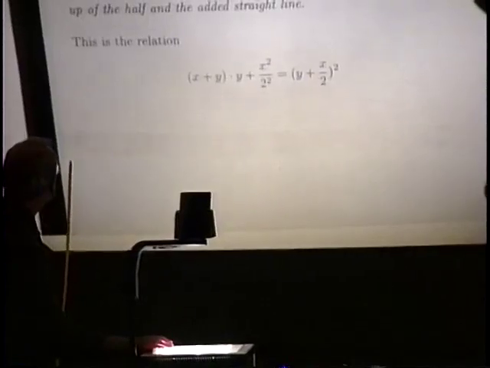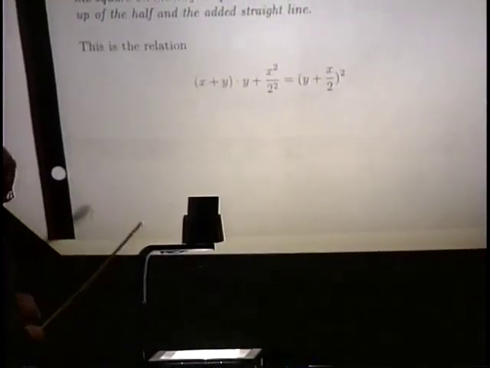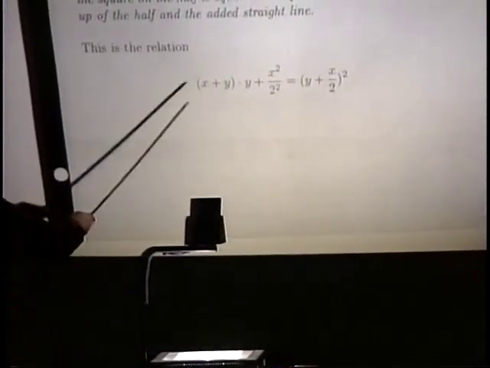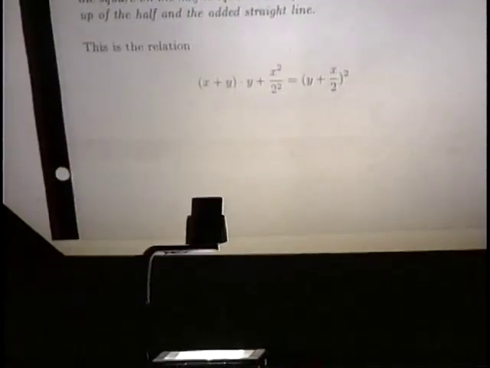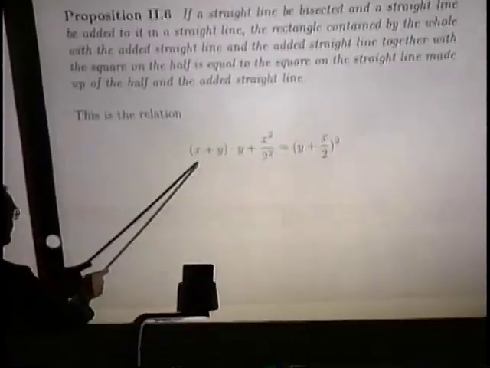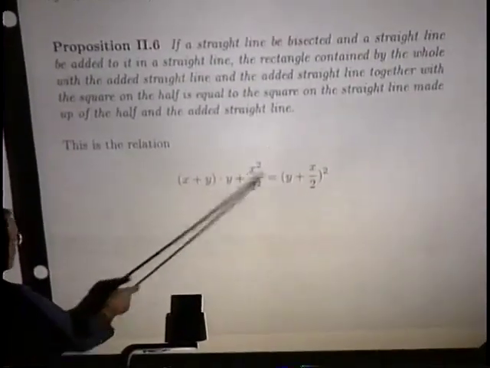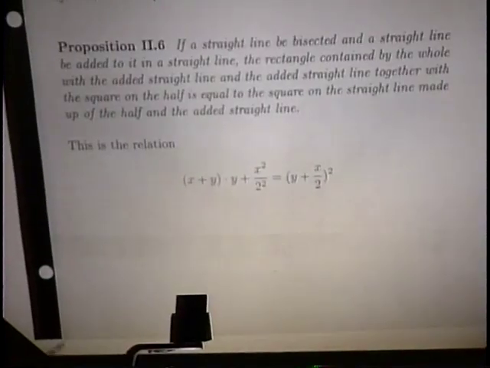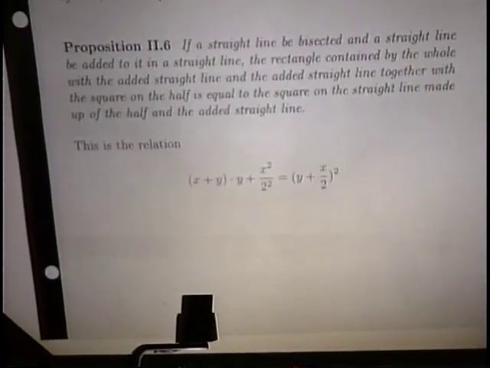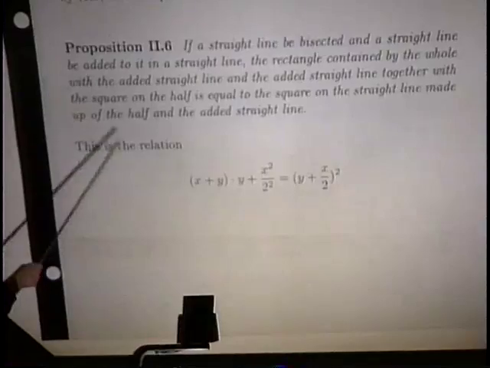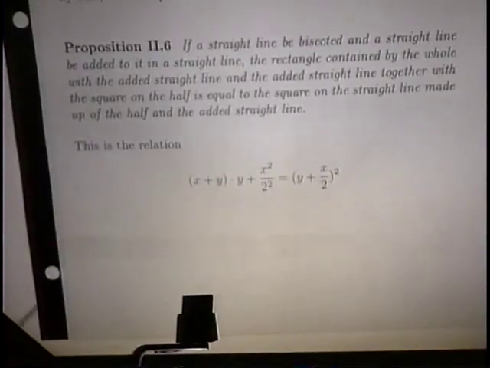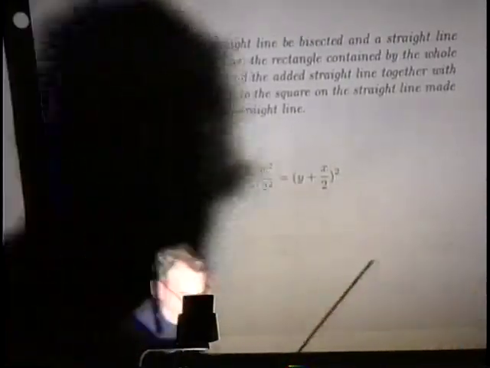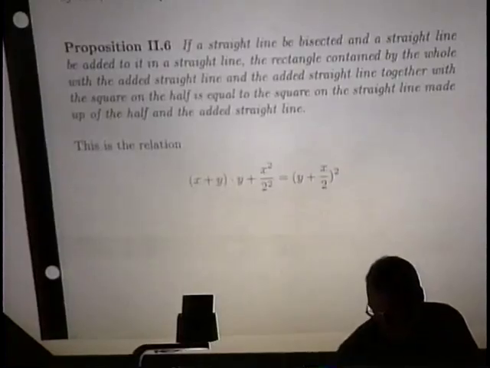Now, proposition 2.6 is a proof of this relation, which is again a special case. So we used a special case which Euclid expresses geometrically and has to prove geometrically.